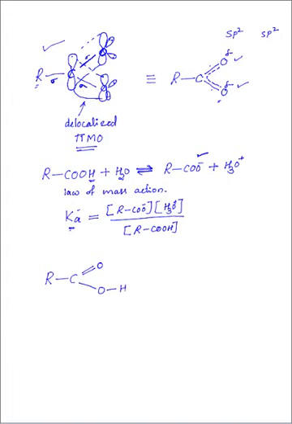This is a carboxylic acid. These electrons are shifted to the oxygen, so that it forms R, C, single bond O minus, and here this oxygen loses electrons for the formation of the double bond, and this is H.